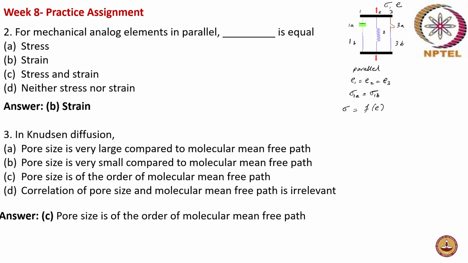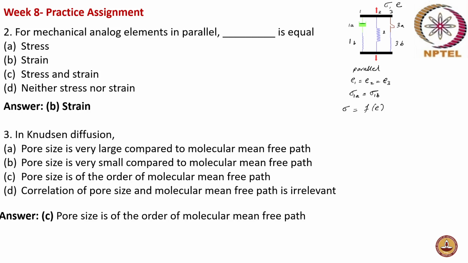Why is this so? This is to ensure that the molecule collides more with the pore walls and then diffuses through the system than it collides with another molecule. That is why in Knudsen diffusion, the pore size is of the order of the molecular mean free path.